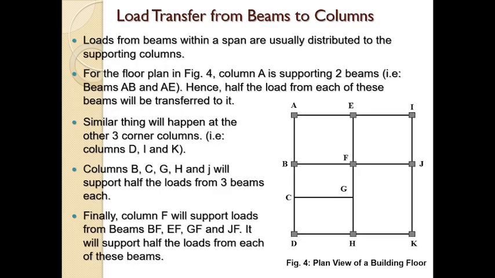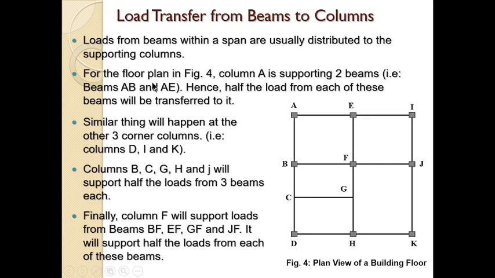So now let's look at the case of load transfer from beams to columns. Now we know how loads are transferred from slab to beam. Let's look at how loads are transferred from beams to columns. Load from beams within a span is usually distributed to the supporting columns.